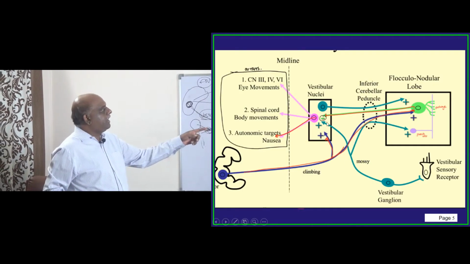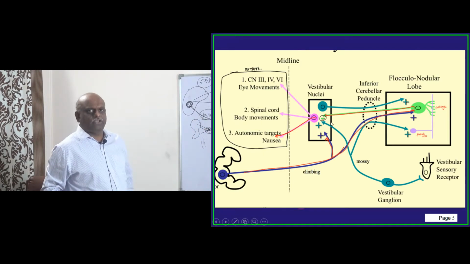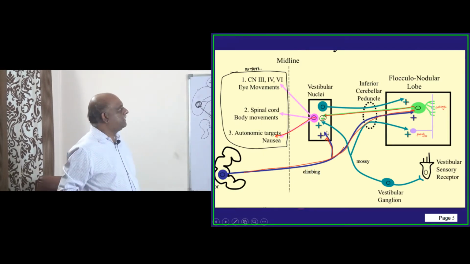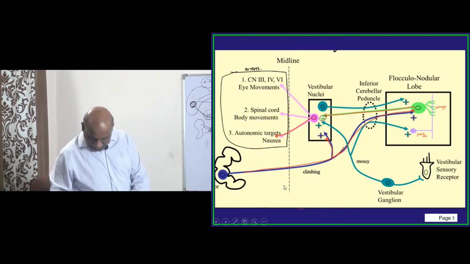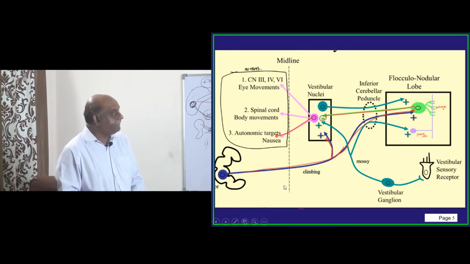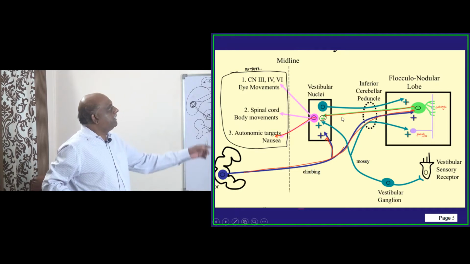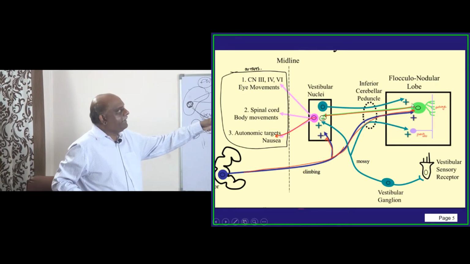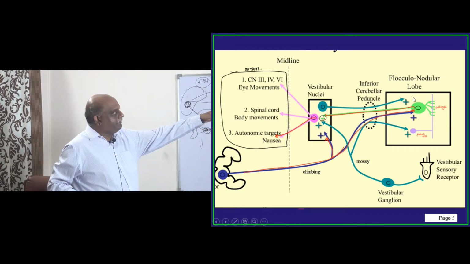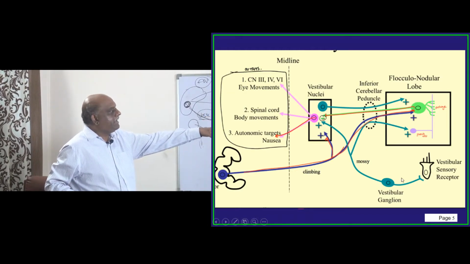So, here you have the vestibular nuclei. Once more, let us reinforce the concept. And typically, the vestibular nuclei, what are they doing? The vestibular nuclei, through the inferior cerebellar peduncle will update whatever information they are getting from the vestibular sensory receptors to the vestibular ganglion.